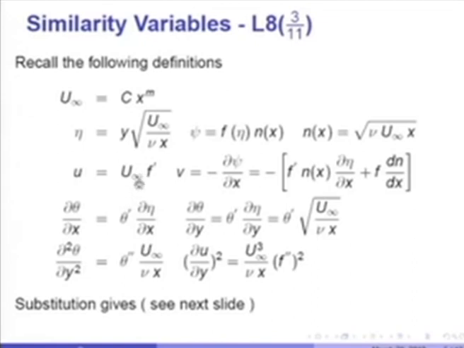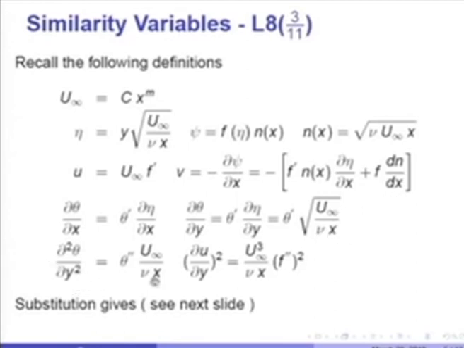So, therefore, u will become equal to u infinity f dash, v which is equal to minus d psi by dx will become minus f dash into N x into d eta by dx plus f into dN by dx, follows from this definition of psi. d theta by dx would be simply theta dash into d eta by dx, where theta dash is d theta by d eta. d theta by dy would be equal to theta dash d eta by dy, and d eta by dy would be simply under root u infinity by nu x.